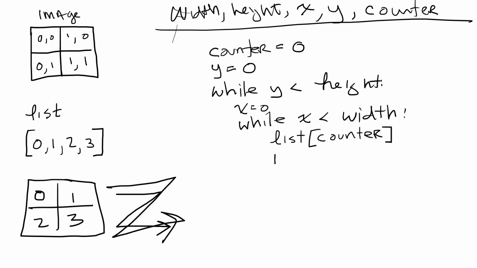And we could do something, right? Do something at x, y with that list item. And then we would do two things in here. We would increment x, but then we would also increment counter.